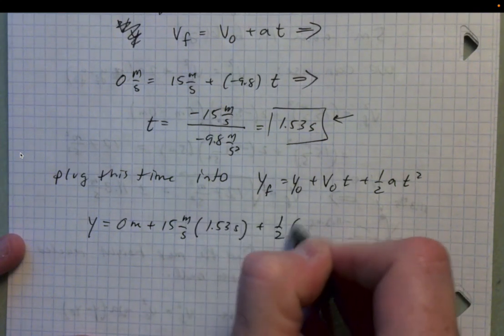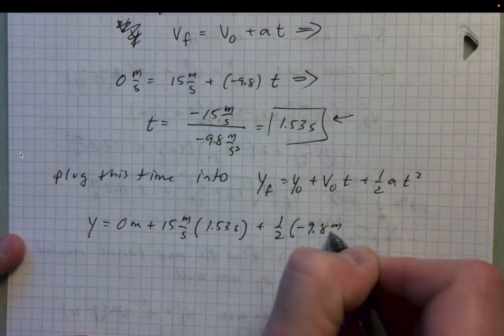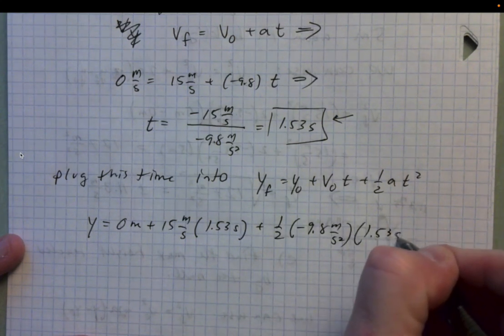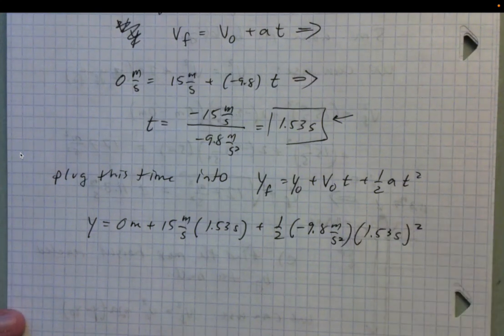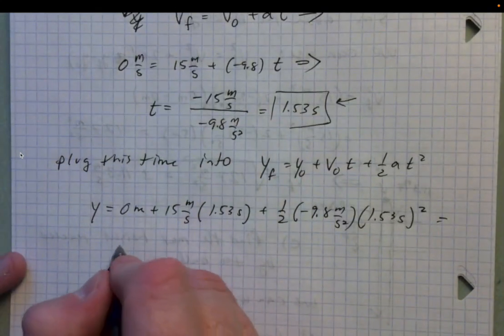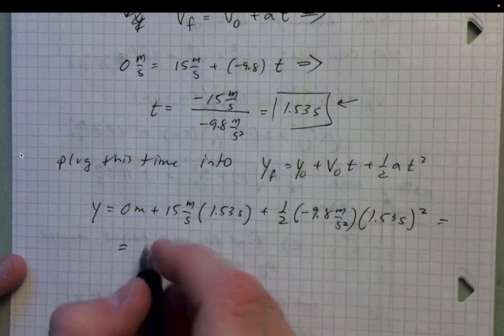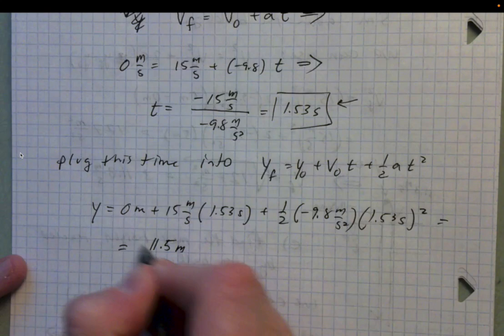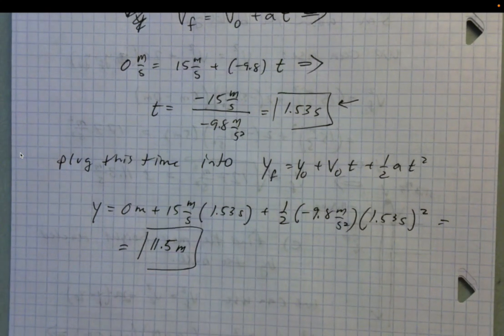Plus 1/2 times negative 9.8 meters per second squared times 1.53 seconds squared. Okay, and that's just a straightforward calculation, and when you do that, you do indeed get 11.5 meters. All right, so the height that the ball reaches, again, is 11.5. All right, so both solutions give you the same answer, as you would expect, right?